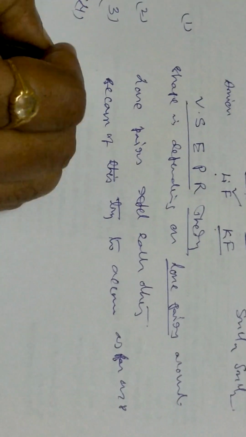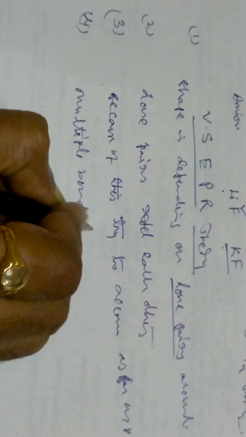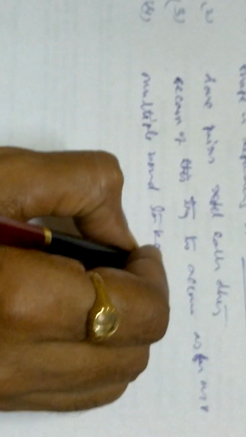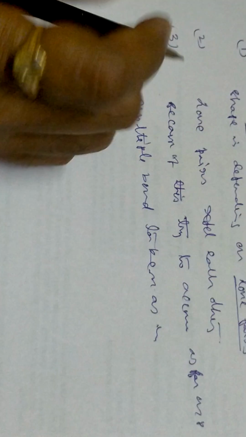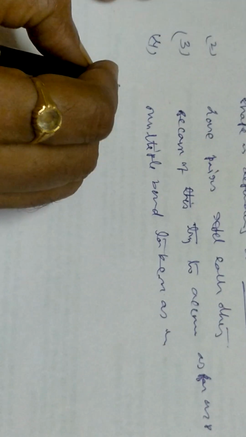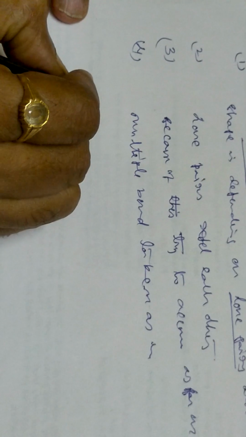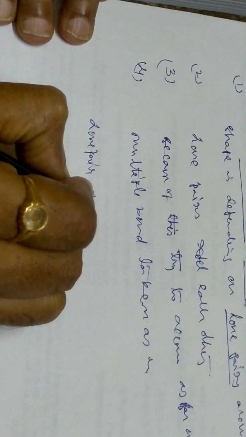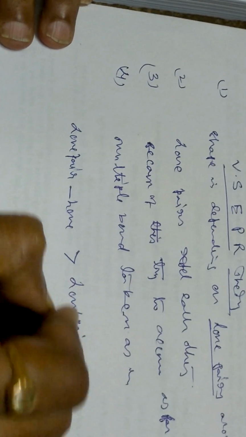Then a multiple bond is treated as a single bond. Multiple bond is taken as a single bond for this purpose. Then the repulsive interactions between electron pairs decrease in this order.